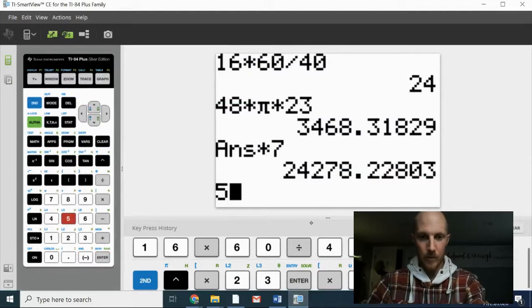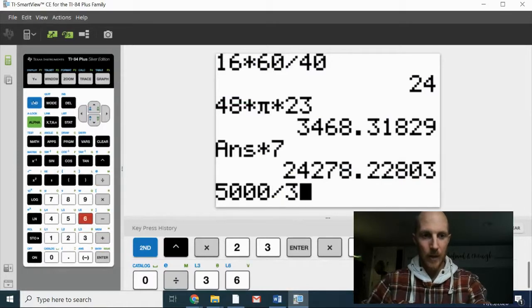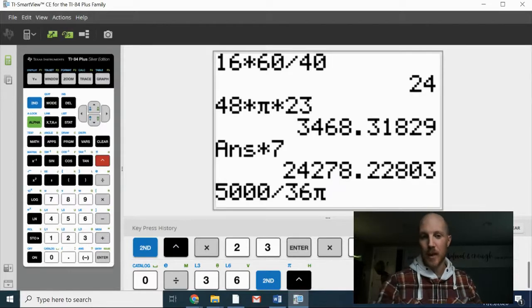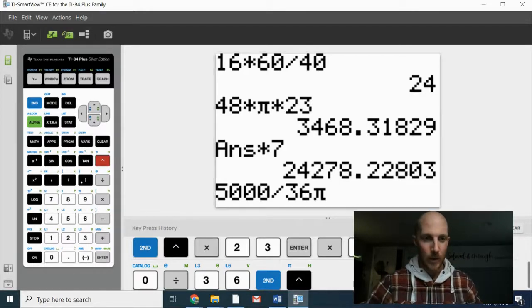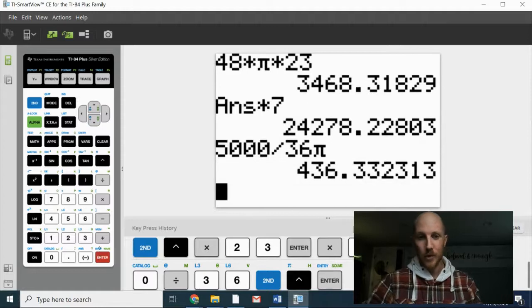5,000 divided by, and so if I just type in 36 pi, this is not going to work. If I type it in like this, my calculator is going to do 5,000 divided by 36, and that's it. Take that answer and then multiply it by pi, and that's not what I want. I want the 36 pi all to be in the denominator, so I'll show you. Here's what it's going to do the first time. That's wrong. And then let's type it in again the second time.